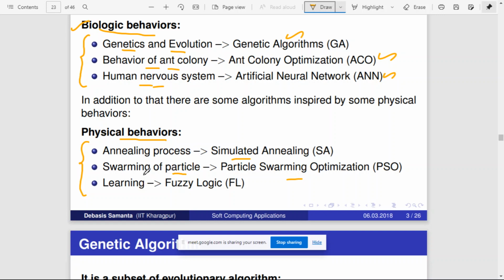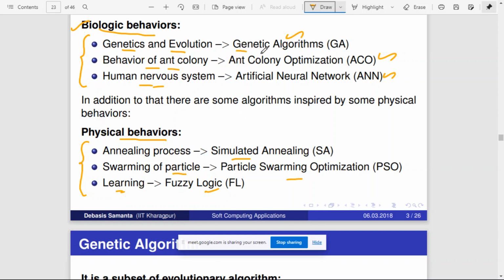And the algorithm which is inspired by the human learning system is called fuzzy logic. So these are the evolutionary algorithms: genetic algorithm, ant colony optimization, artificial neural networks, simulated annealing, particle swarm optimization, and fuzzy logic. Okay.